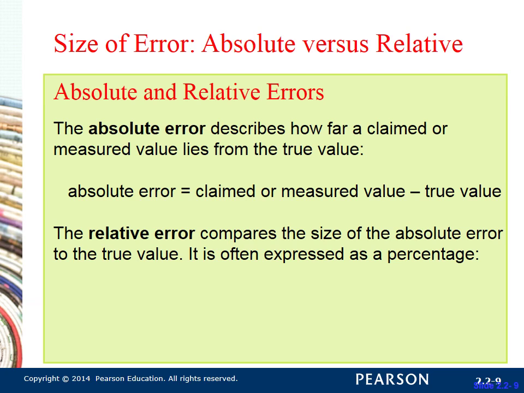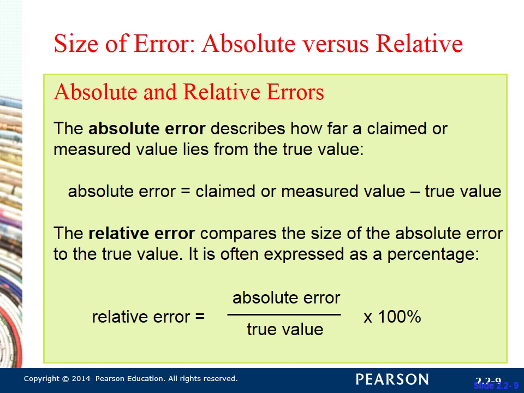A relative error, conversely, compares the size of the absolute error, which you have to compute first, to the true value. It's often expressed as a percentage, and this is the way you'll hear it in news reports, etc. So my relative error I would find by finding the absolute error first, so that's going to be in the numerator, and I'm going to divide by that true value in the denominator, and then I'll multiply by 100 to get it into percents.